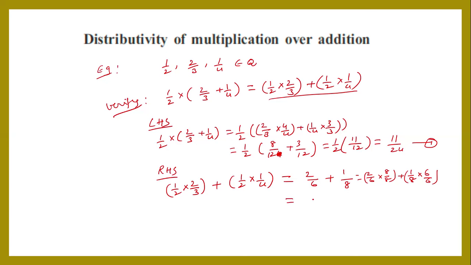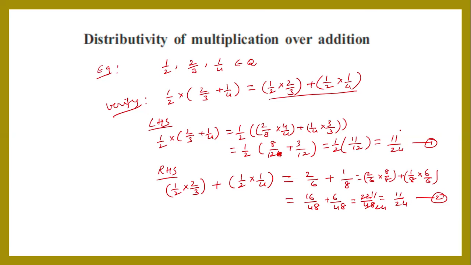What do we get? 2 8s are 16, 6 8s are 48, plus 1 6 is 6, 8 6s are 48. 16 plus 6 is 22 by 48. You write it in the simplest form, 2 elevens and 2 twenty-fours. What we get is 11 by 24. This is taken as equation 2.